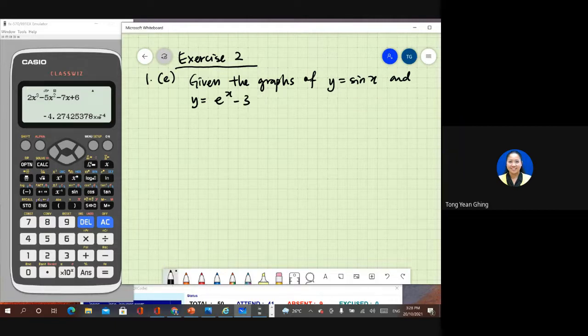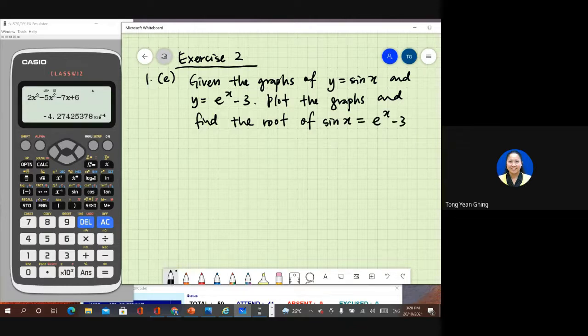If possible, try to plot first. Let's say the question: plot the graph and find the root of sine x equal to, using the Newton Raphson method.